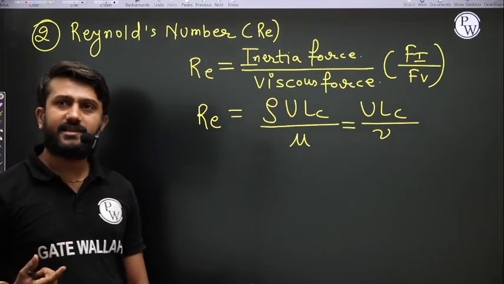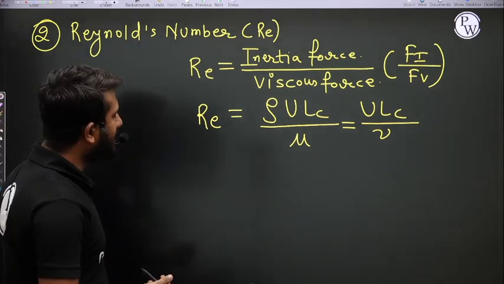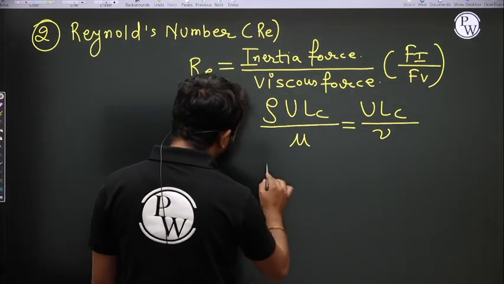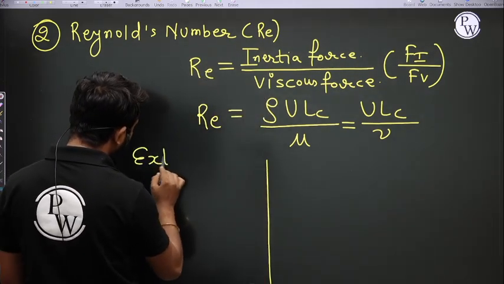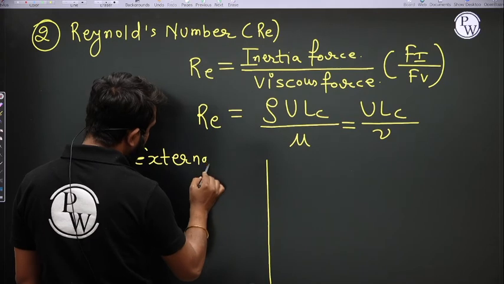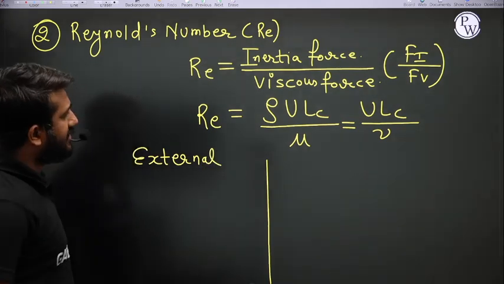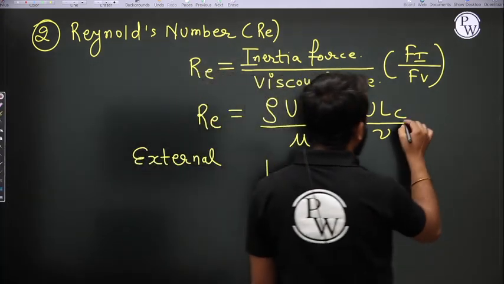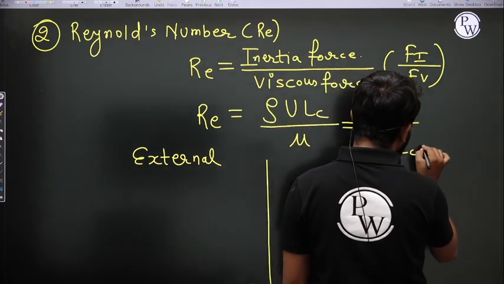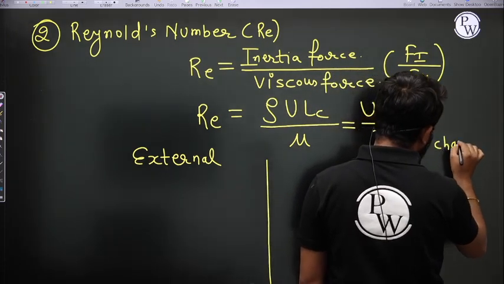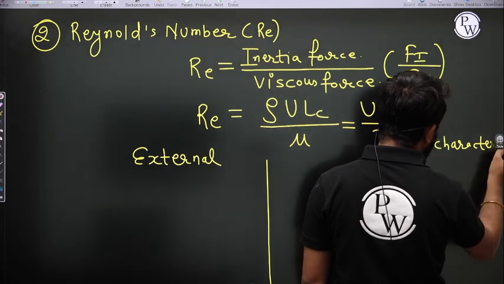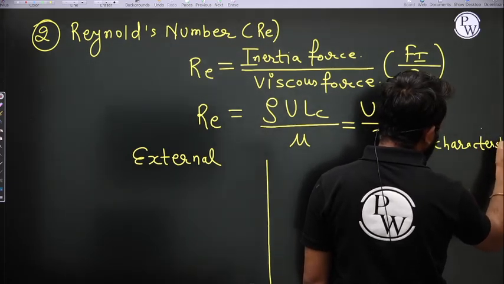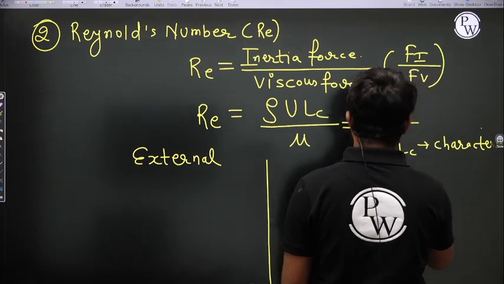What is the Lc? Again, that Lc is a characteristic length. Lc is the characteristic length.